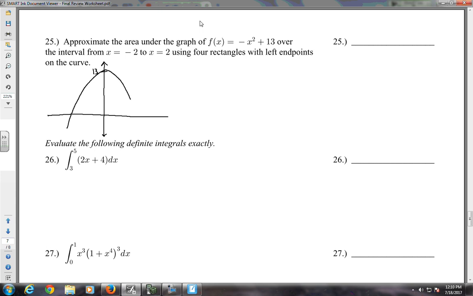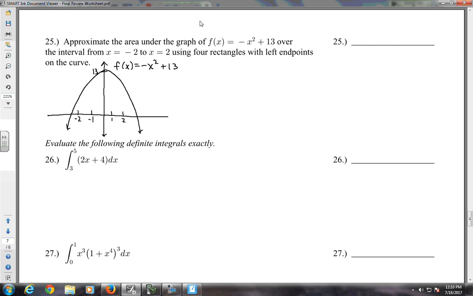So here's my function, and x equals negative 2, x equals positive 2, somewhere along here. Okay, so a pretty rough sketch here.